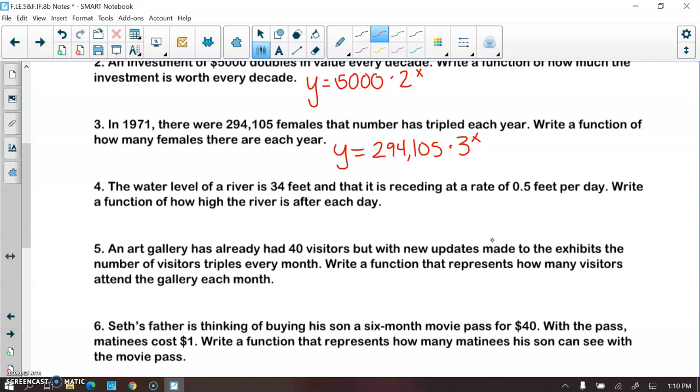Every day we're subtracting 0.5, or adding a negative 0.5, over and over. That means this is linear. What you're adding each time is your slope. So y is equal to negative 0.5 times x, and your b is where you start, which is 34. So this is your correct equation.